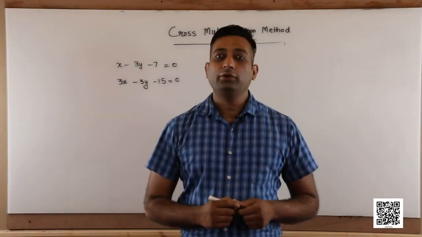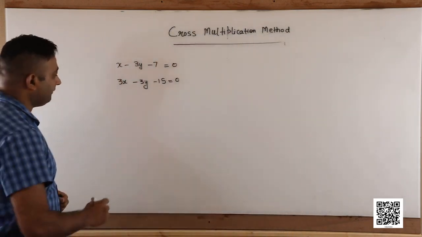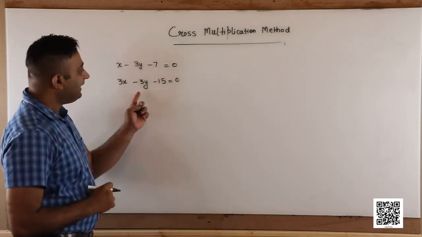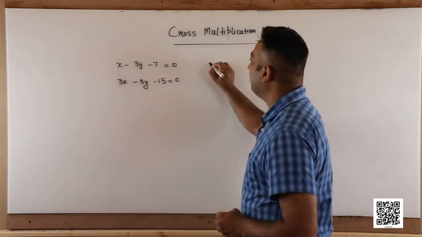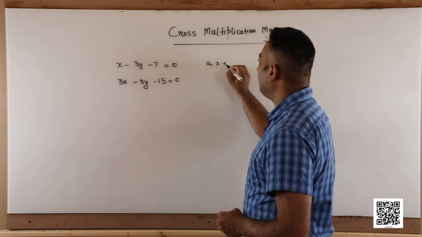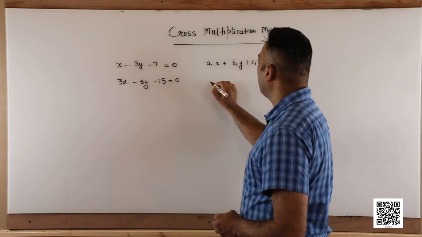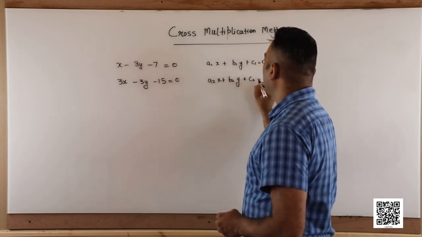Now let us solve one problem based on the cross multiplication method. The equations are x minus 3y minus 7 equal to 0 and 3x minus 3y minus 15 equal to 0. We can easily compare these equations with the standard forms, a1 x plus b1 y plus c1 equal to 0 and a2 x plus b2 y plus c2 equal to 0.